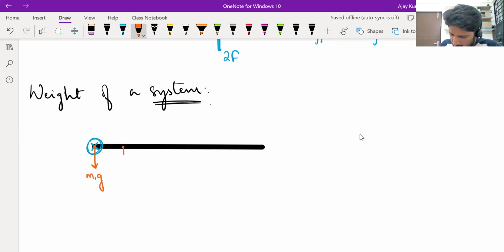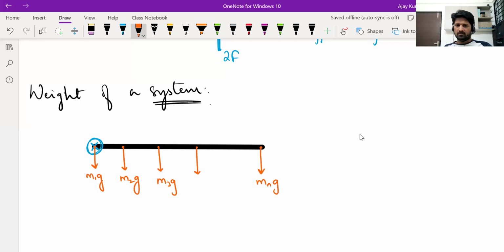Another particle is here, m2, it will experience a weight m2g. m3 experiences its own weight m3g, and so on. Let's say the last one is mn. It experiences weight like this, mn into g. So there are infinite mg vectors here.